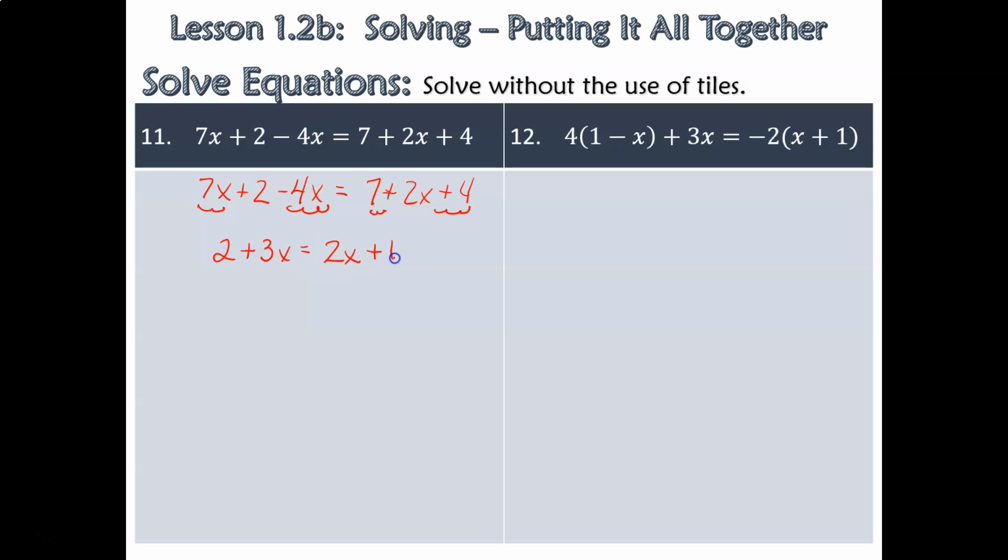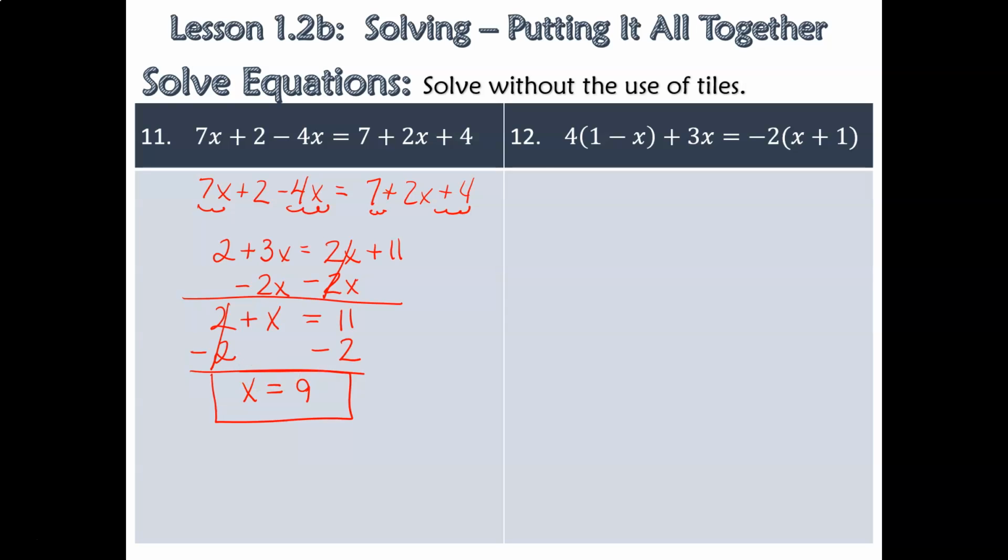So 2x plus 11. I'm going to subtract that 2x from both sides. So I have x, or 2 plus x over here, equals 11. And when I subtract that, even though there's no sign, it's positive, so I got to do the opposite. I have x equals 9.